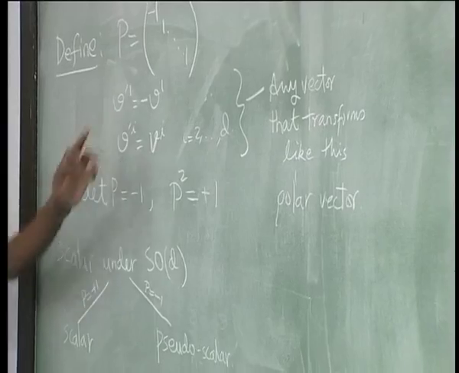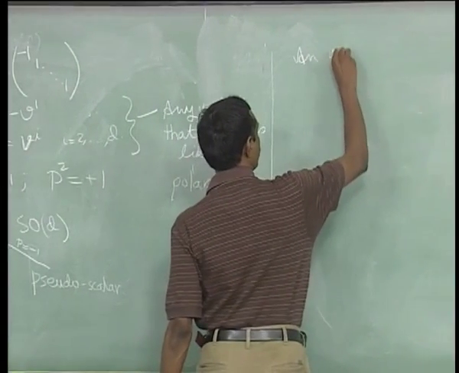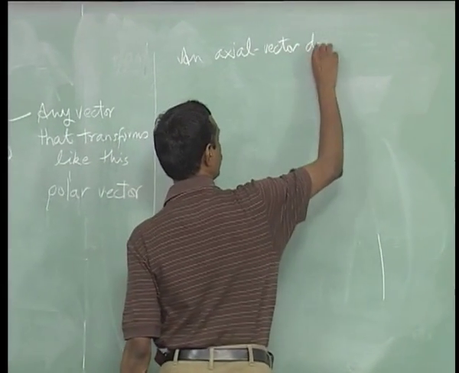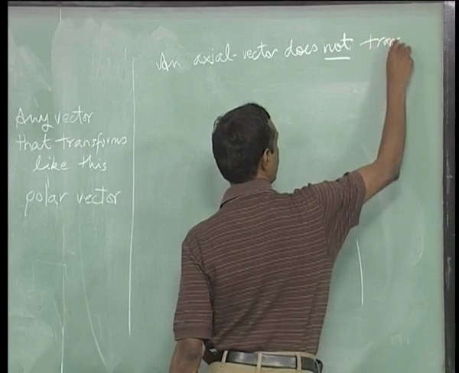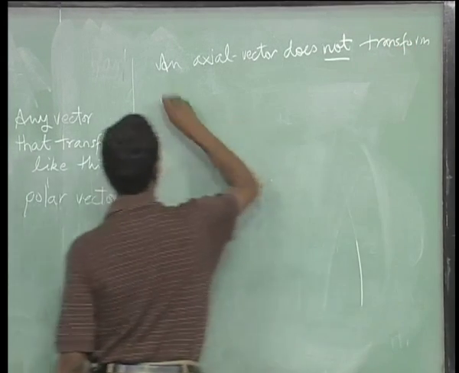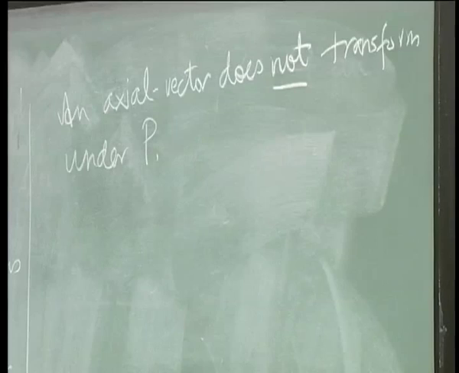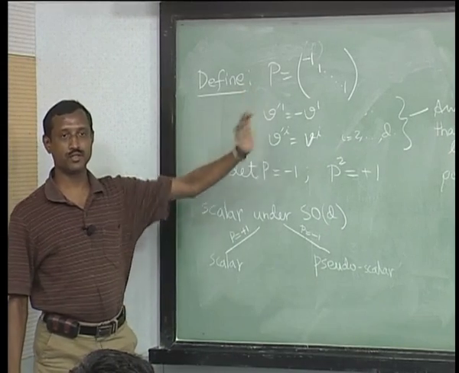Because this is changing sign, but an axial vector does not transform under P. So V prime 1 would be 1, but for rotations the rest of the SOD they transform exactly the same, but it is how they transform under P that they differ.